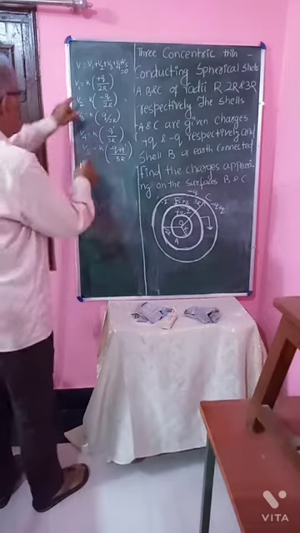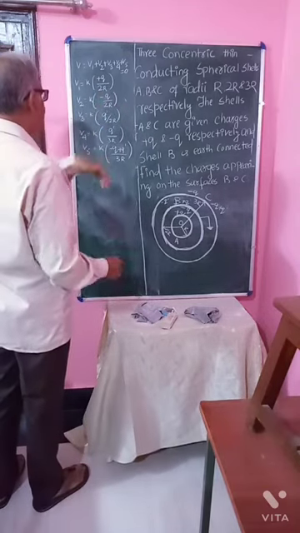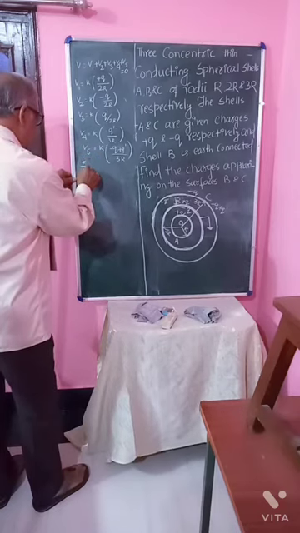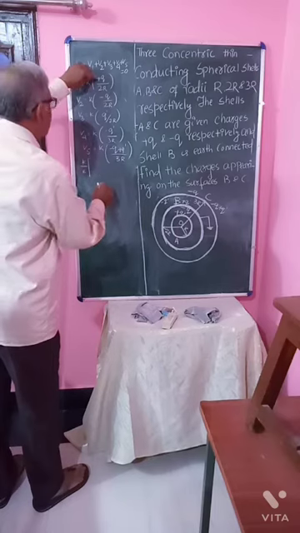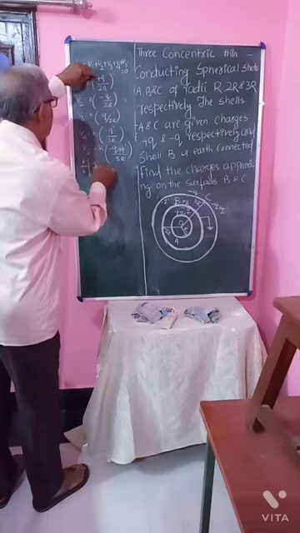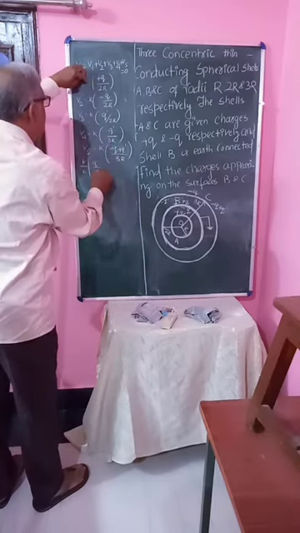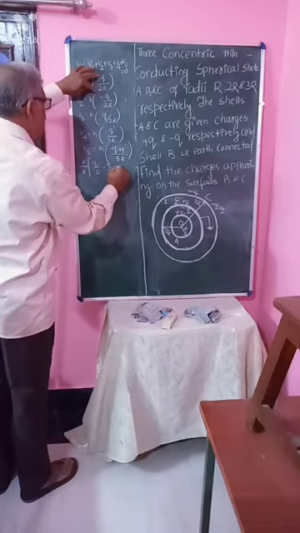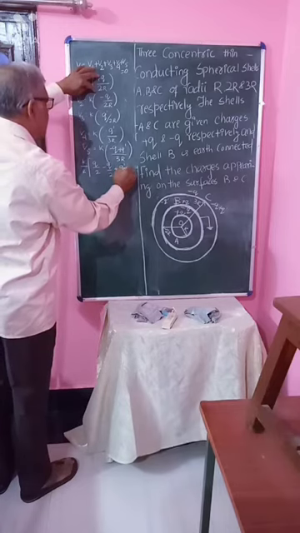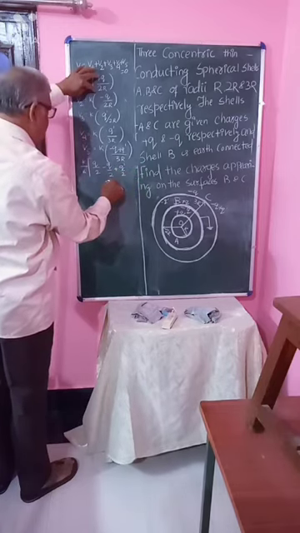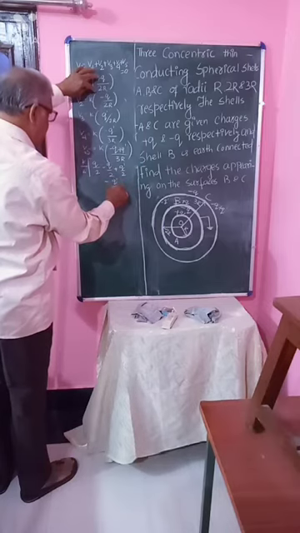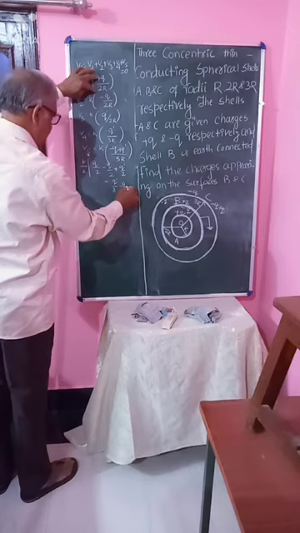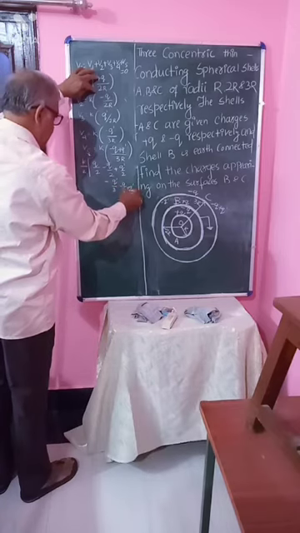Now K by r taking common, we have plus Q by 2, minus Q by 2, plus Q dash by 2, minus Q dash by 3, minus Q by 3, plus Q dash by 3.